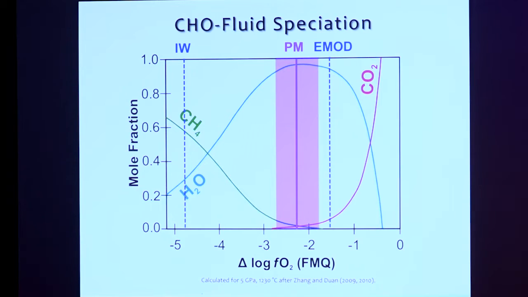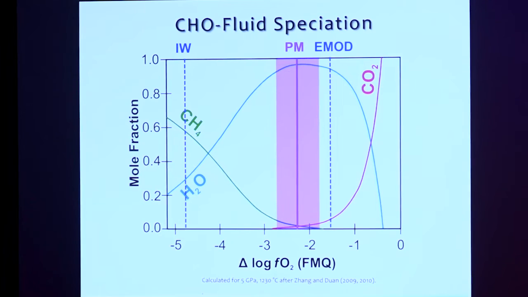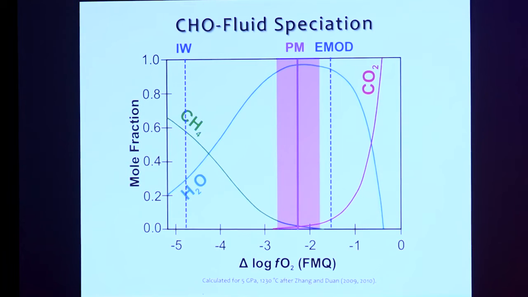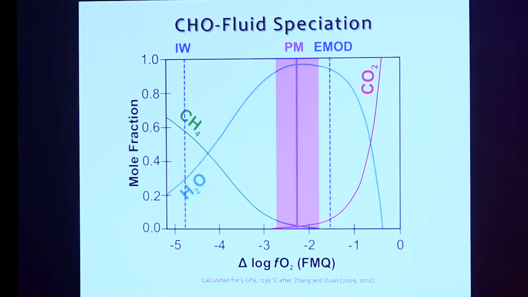And this was our average mantle value here for one particular condition, 5 GPa, so 150 kilometers about. And this purple line essentially crosses exactly where we have the maximum water content. So a typical fluid at these conditions would have 98% water, but you see it also crosses where we have both species, CH4 and CO2, present in the fluid.